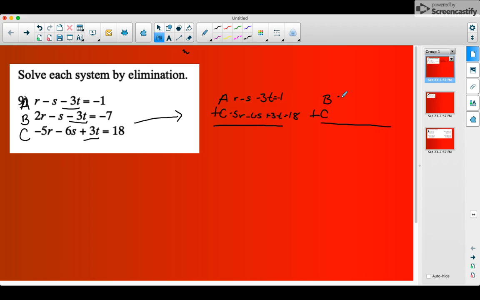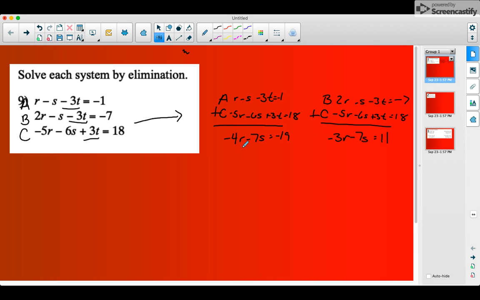On the other side, I've got 2R minus S minus 3t is negative 7, and negative 5R minus 6S plus 3t equals 18. Now it works out really nicely because once we do our adding here, the t's will cancel out. We'll be left with negative 4R minus 7S is negative 19, and negative 3R minus 7S is 11.